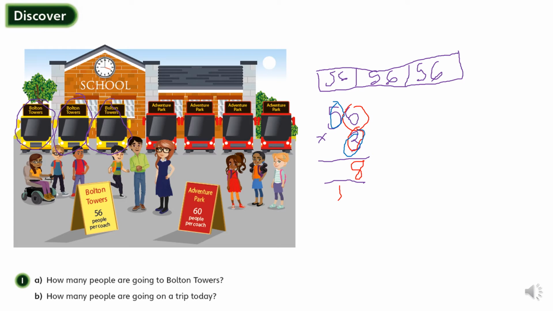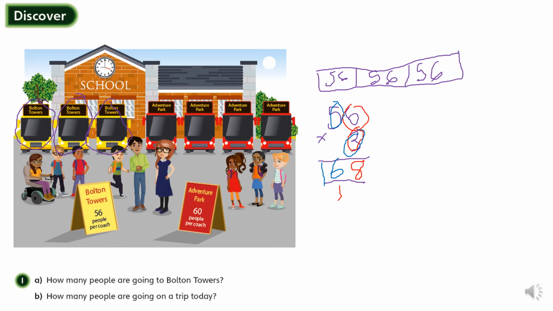Now my 50 is 5 tens, so I can do 3 multiplied by 5, which I know is 15, which I also know is 150 because I'm actually doing 50 times 3. And then I add in my 10, which makes it 160. So altogether, there are 168 people going to Bolton Towers.